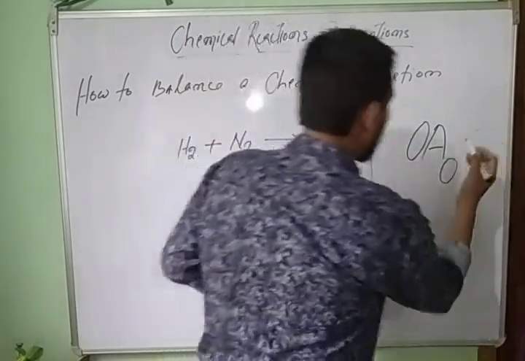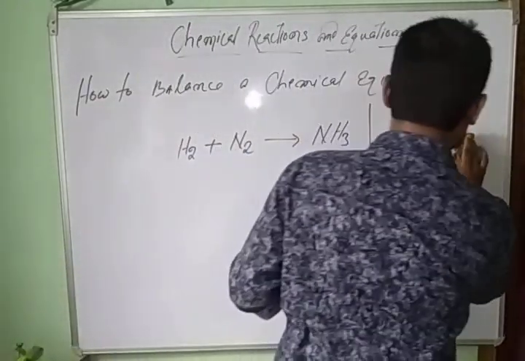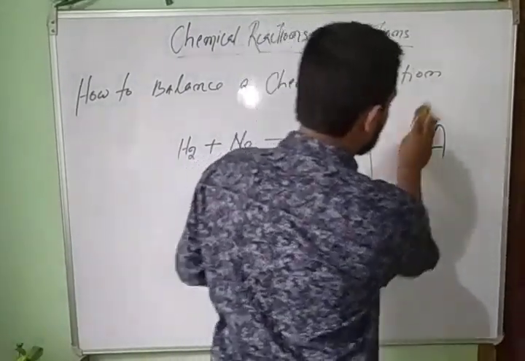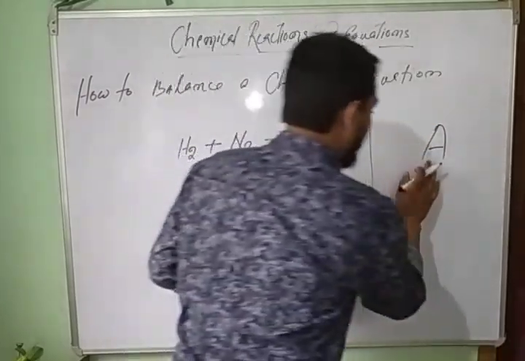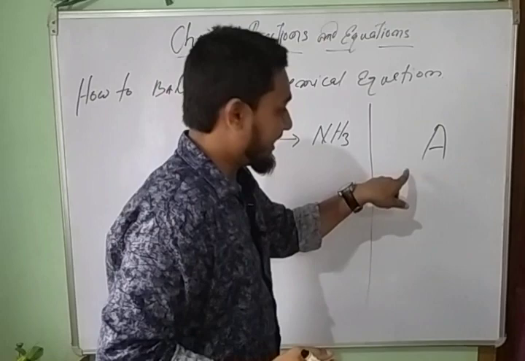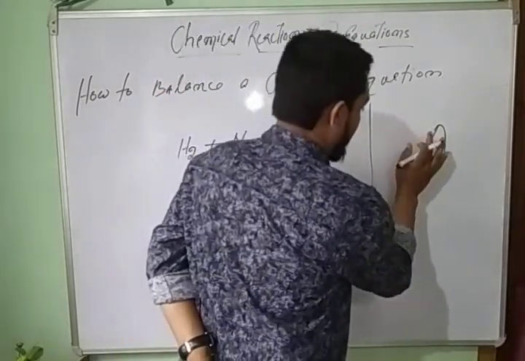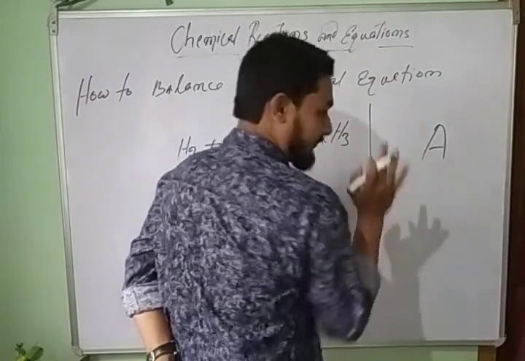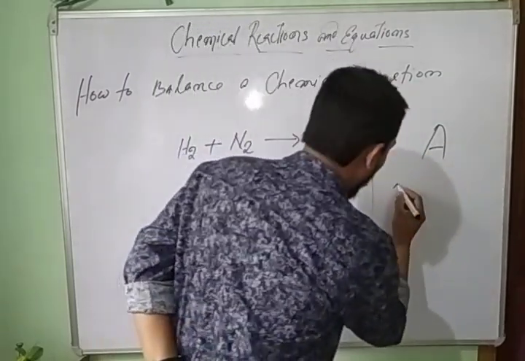So how do you say that the number of A is 1? Actually the calculation is like this. In the coefficient position, that is in front of A, no number is mentioned, that means 1.